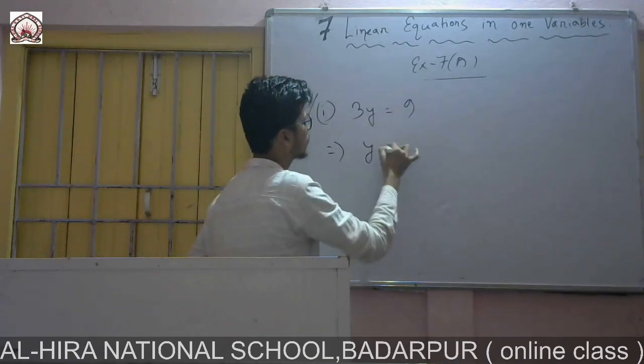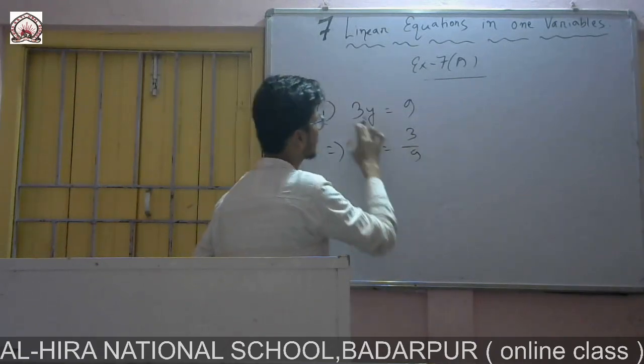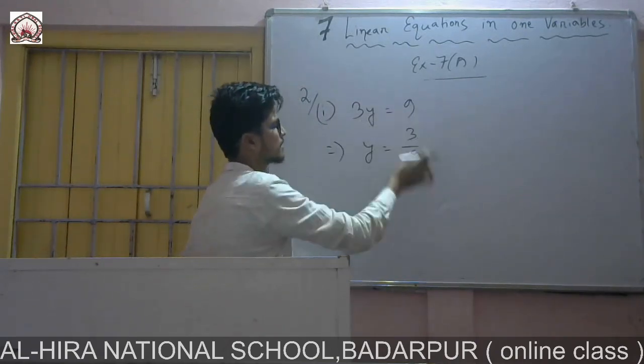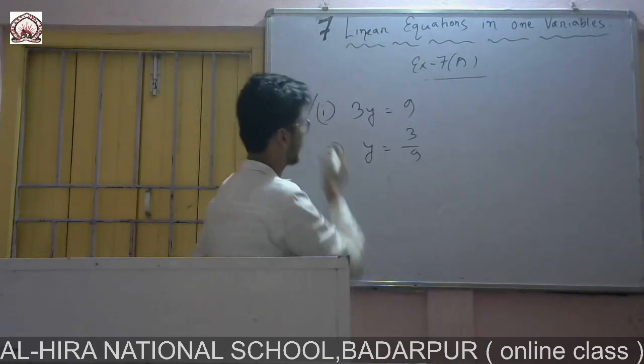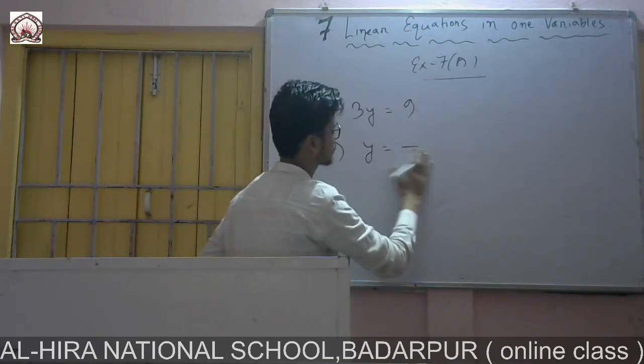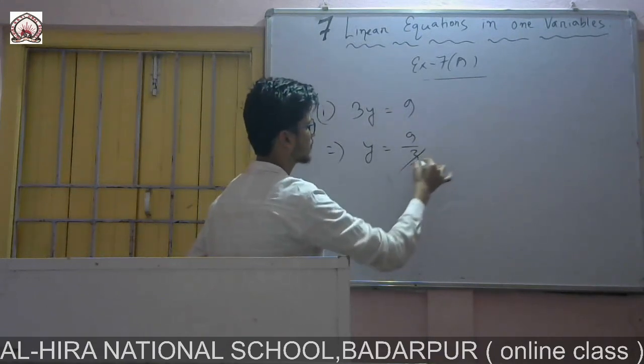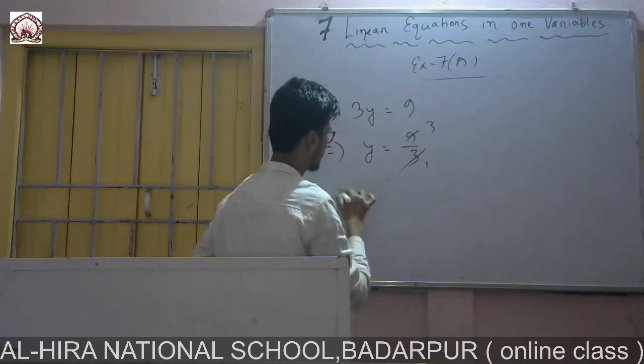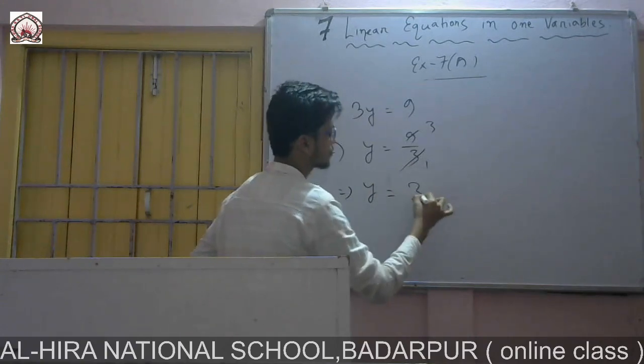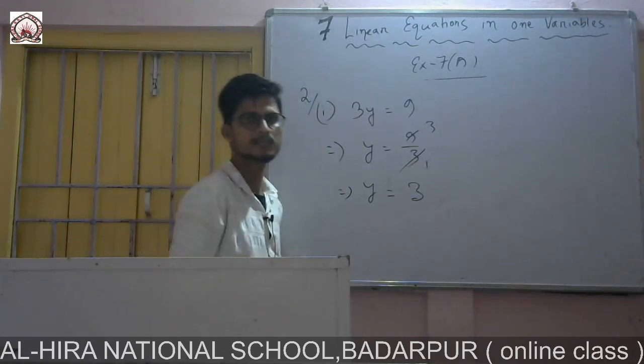So y equals 9 by 3. It is multiplied, that means if I change the side, it will divide. So now I can cancel. 3 ones are 3, 3 threes are 9. That means the value of y is 3.